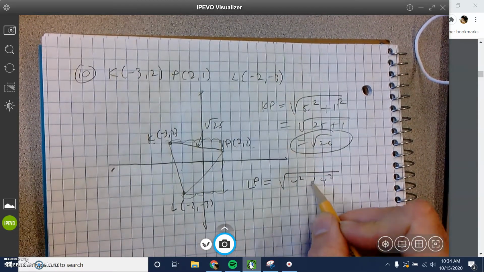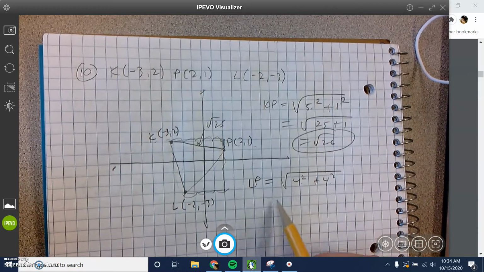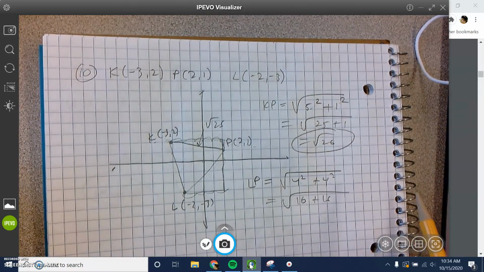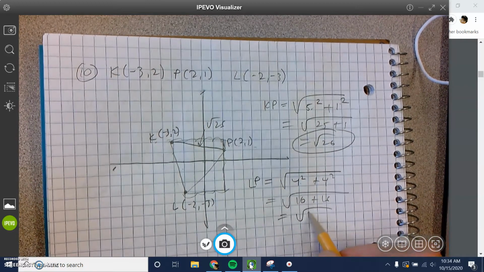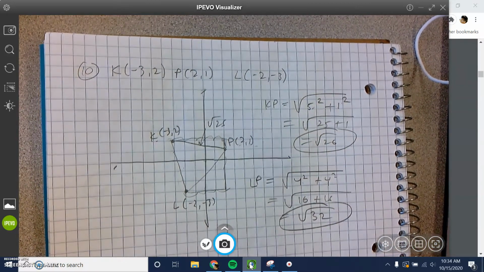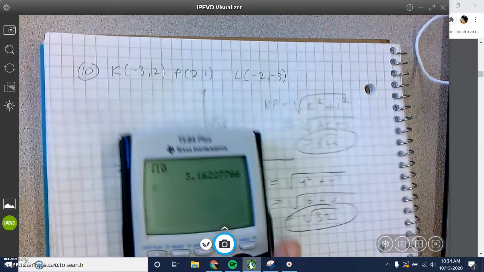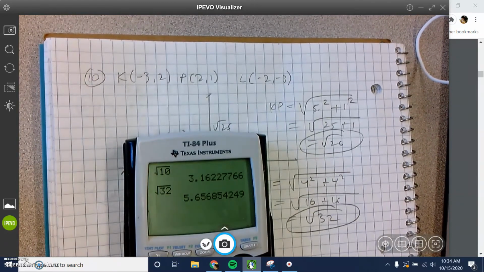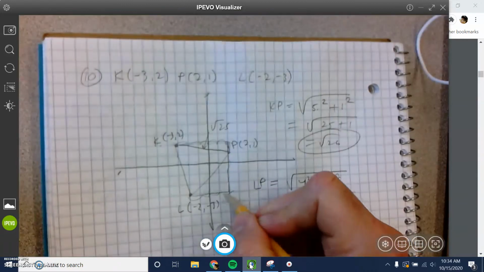So it's 4 squared and 4 squared. So it's 16 plus 16. So that's going to be square root of 32, which I don't know the square root of. Square root of 32, do I know that one? Nope, there you go. So it's 5 point something. So that's a different measure.